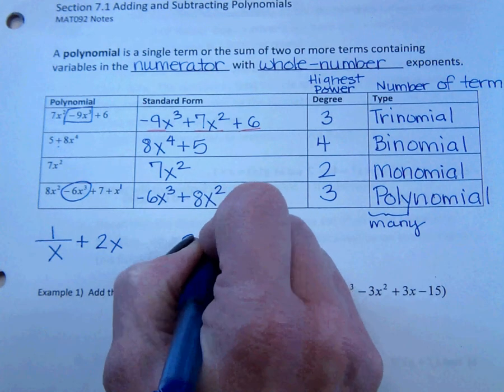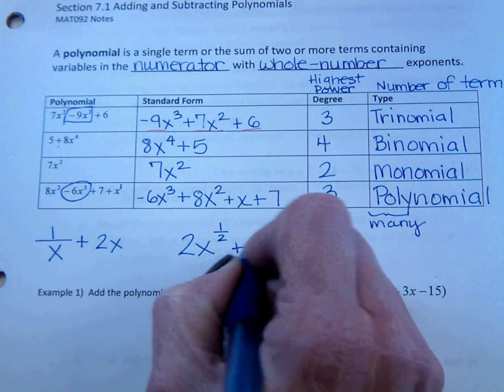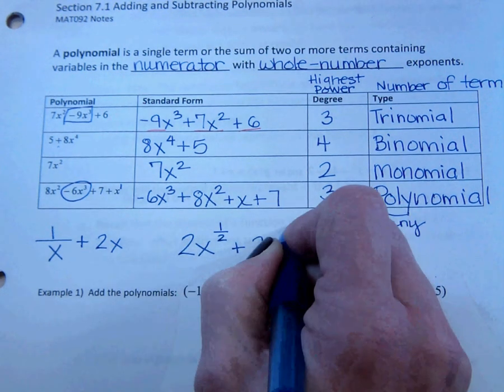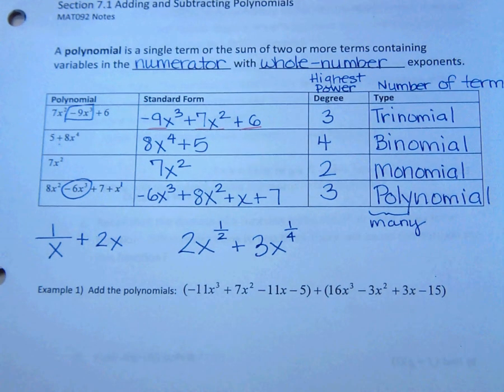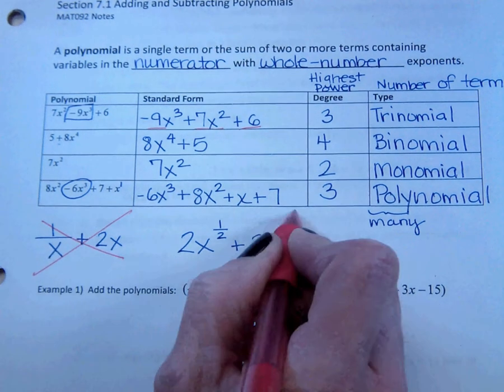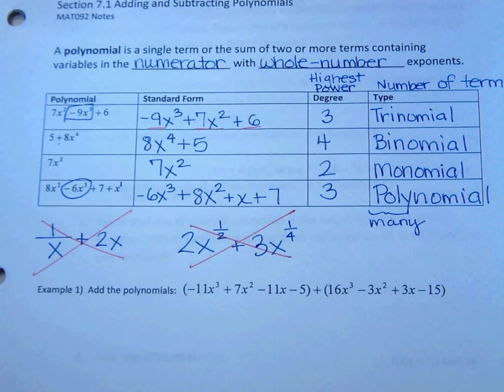So something like 2x to the 1/2 power plus 3x to the 1/4 power. Those are called rational exponents. We really haven't gotten into those yet in this class. But that's not an example of a polynomial, and we're only working with polynomials, because 1/2 and 1/4 are not whole numbers. So these are non-examples, just to give you an idea.